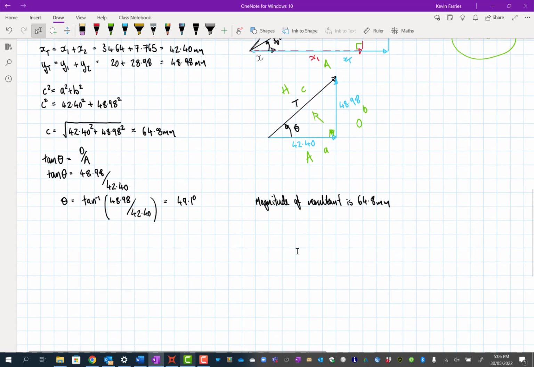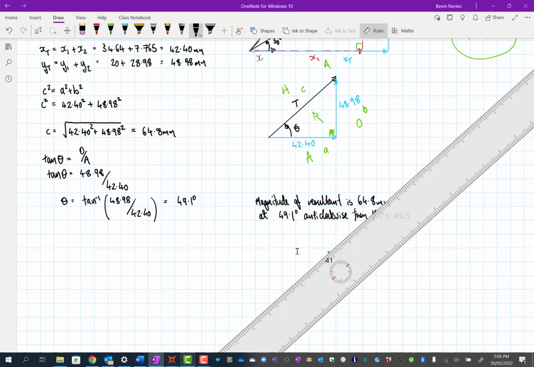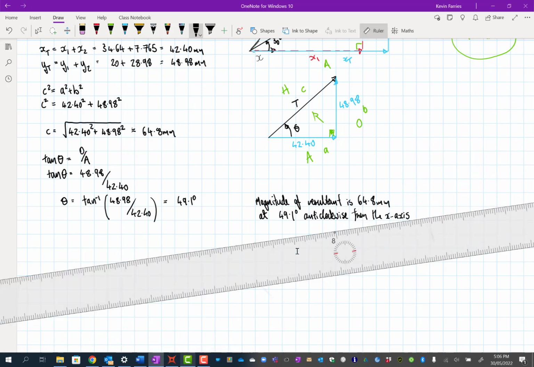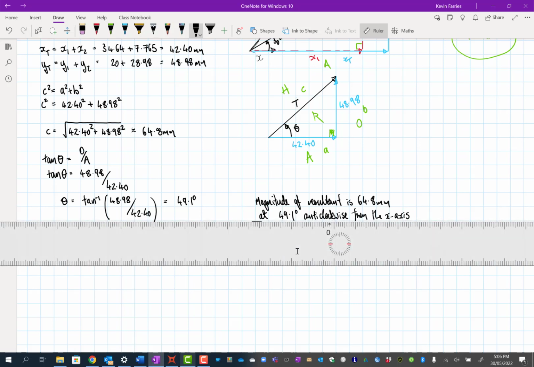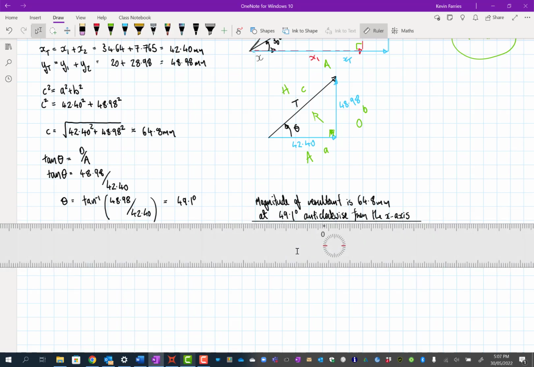Yeah, magnitude of the resultant is 64.8 millimeters at 49.1 degrees anti-clockwise from the x-axis. And we're done.